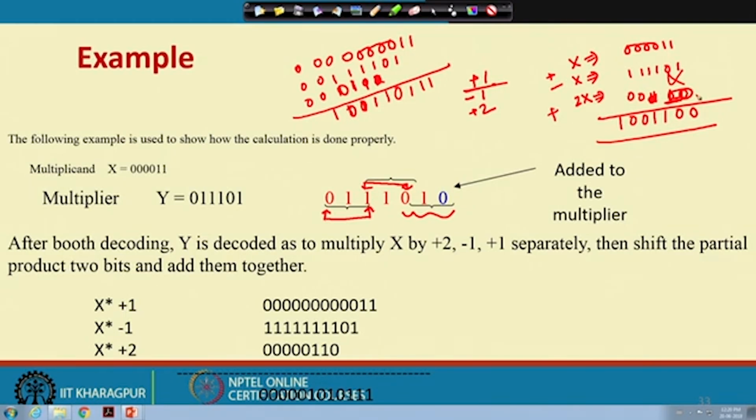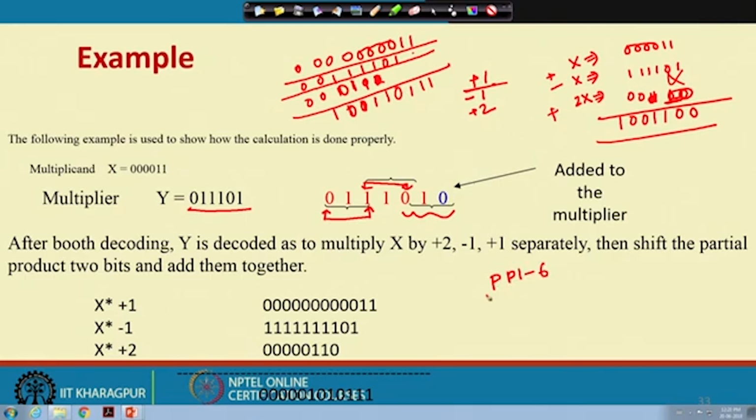So, now what my point is, how many partial products am I generating, given that I have considered this y of 6 bit. Using the array multiplier, if I want to do this, at that time how many partial products will I get?